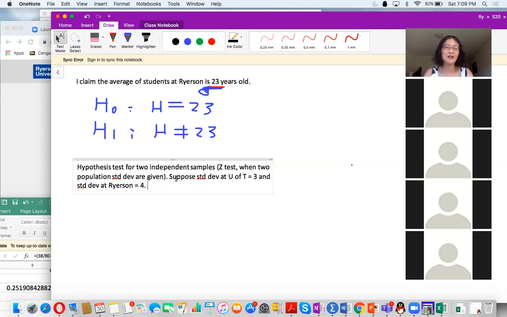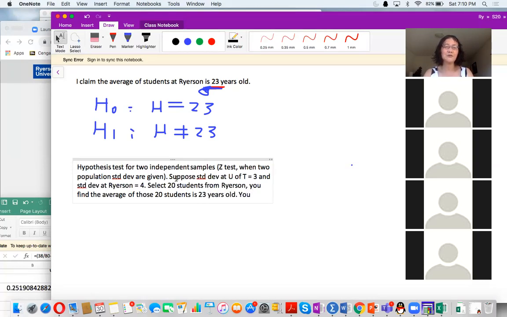What you can do is select samples from each university. Suppose you select 20 students from Ryerson, and the average age is 23 years old.